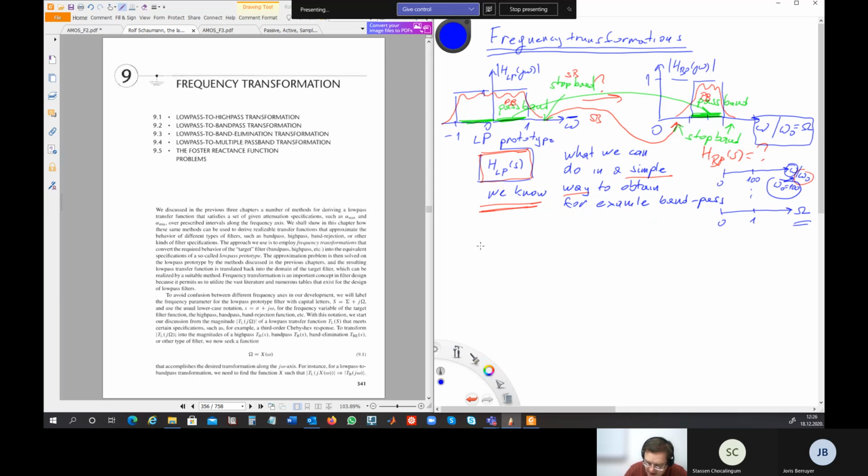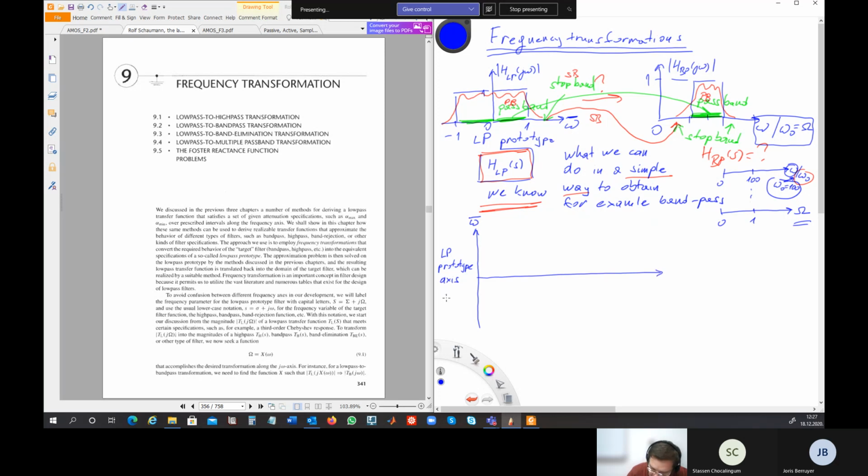Okay, now we can plot the following picture. Here in this picture is this omega bar. This is the low pass prototype axis. You will see at the end that this is very, very useful to analyze.